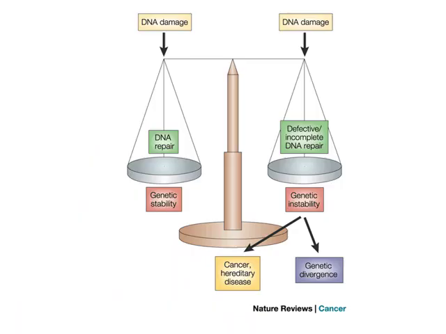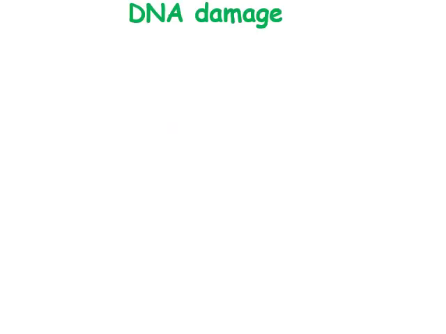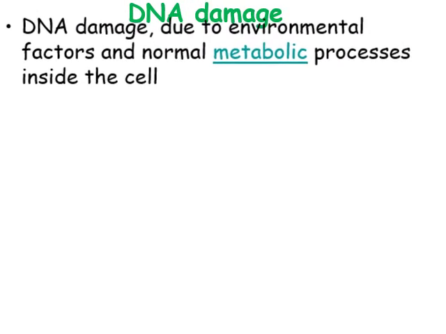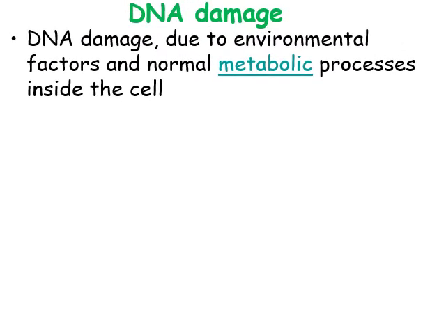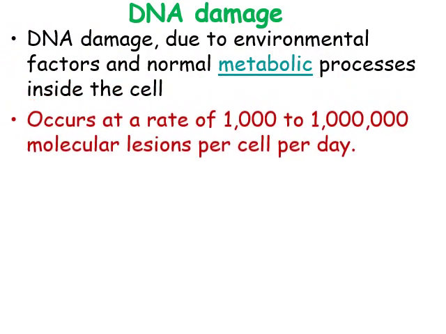And this figure shows that if the DNA damage is not repaired, it leads to cancer, hereditary disease, or genetic divergence. The DNA damage is either due to environmental factors such as UV light radiation that cause DNA damage, or due to the metabolic processes inside the cell that occur at the rate of 1,000 to 1 million molecular lesions per cell per day.